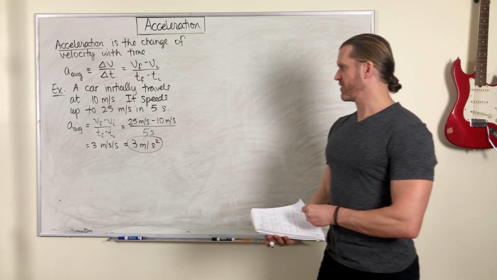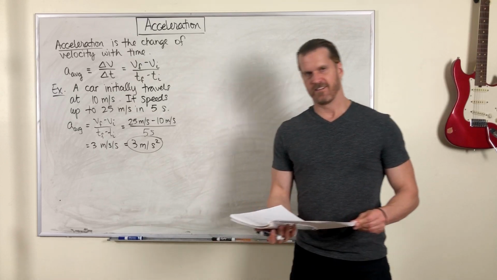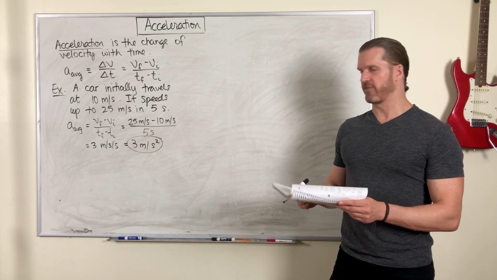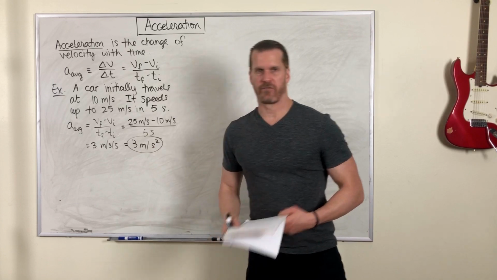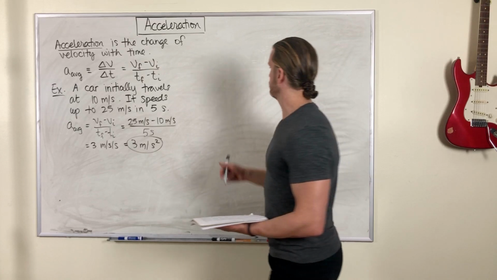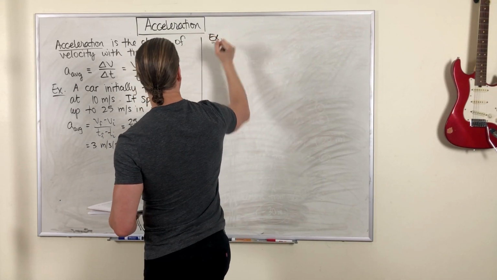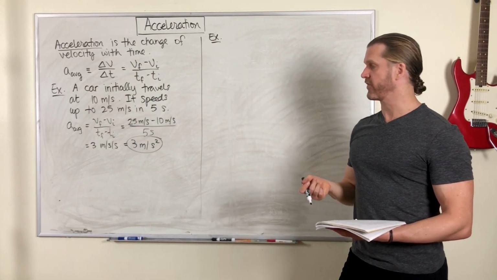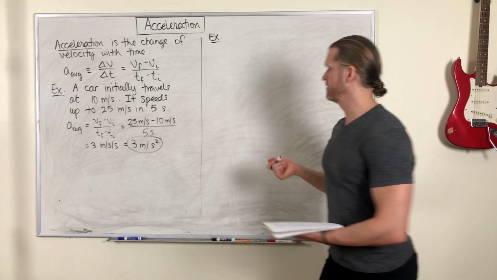So these units, meters per second squared, are sometimes confusing for people. So I want to do another example that will hopefully give you some insight as to what meters per second squared really means. So here's the next example. Let's say that a car is capable of accelerating at 5 meters per second squared, and then we'll think about what this means.